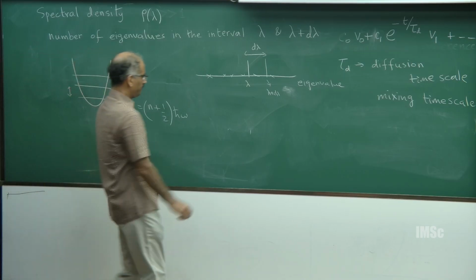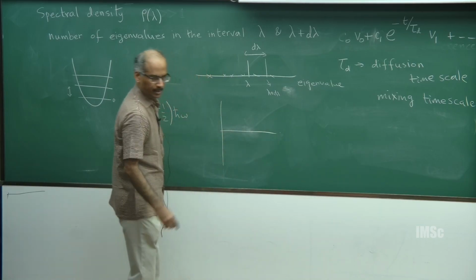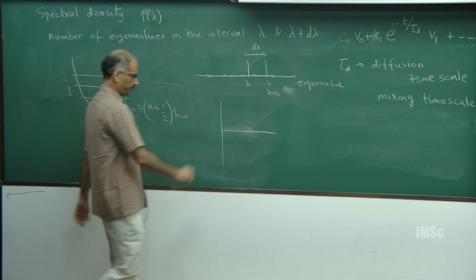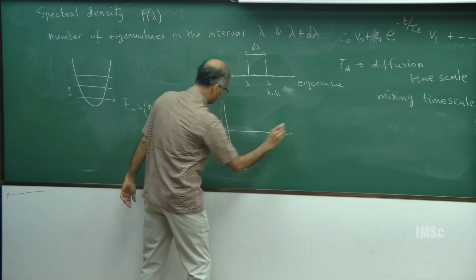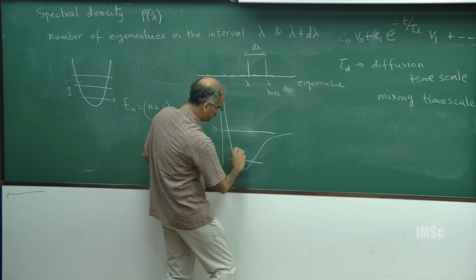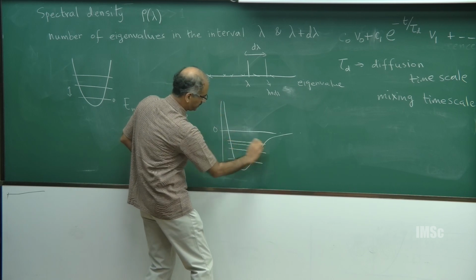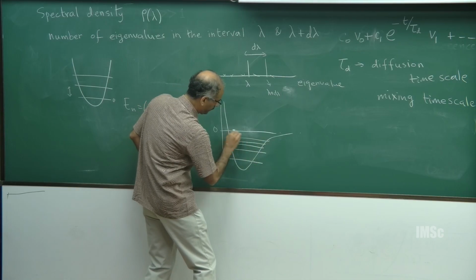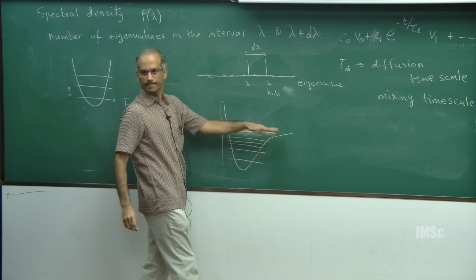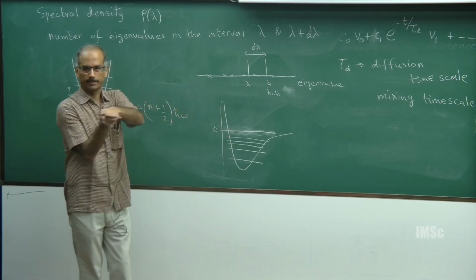But on the other hand, remember your hydrogen atom problem. The effective potential will look like this. This is the 0 on the energy scale. Here you will have energy eigenvalues distributed like this. As you keep going up, the spacing decreases, so finally it becomes like a continuum, with very, very close energy eigenvalues.